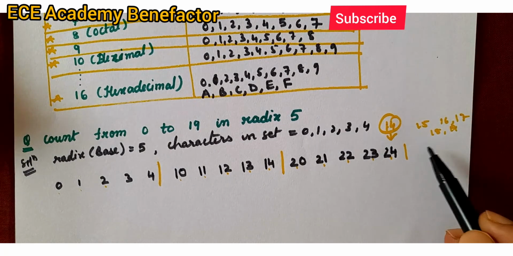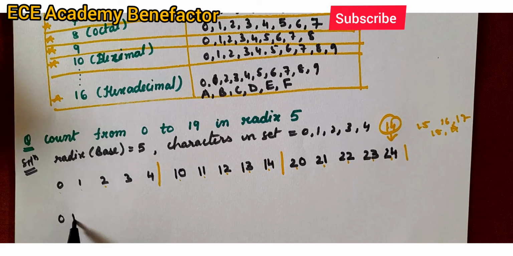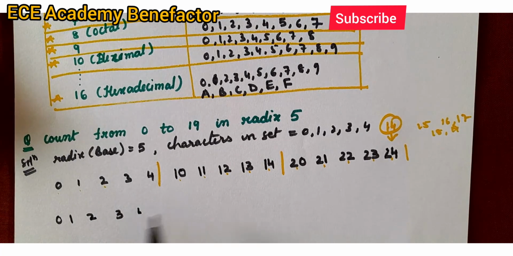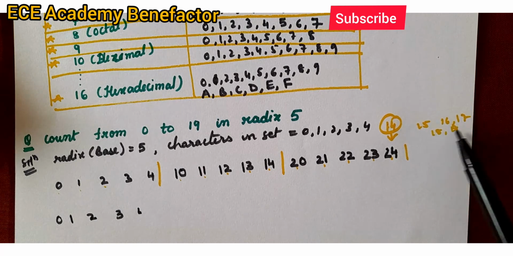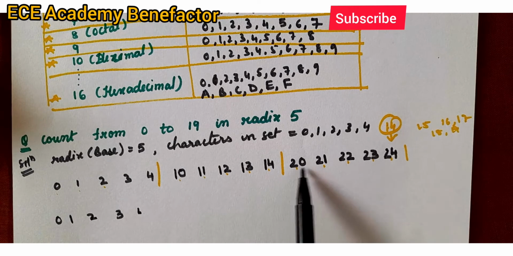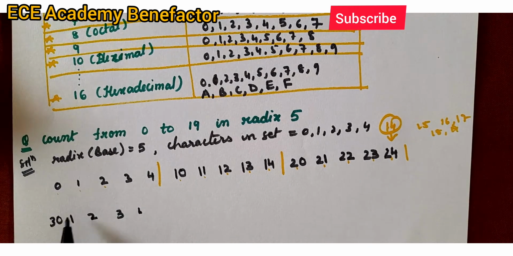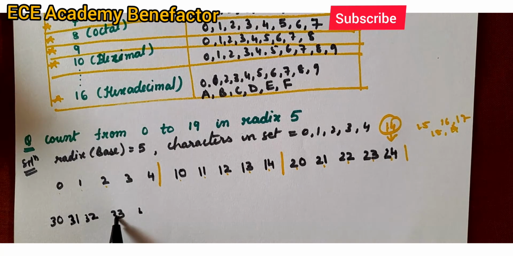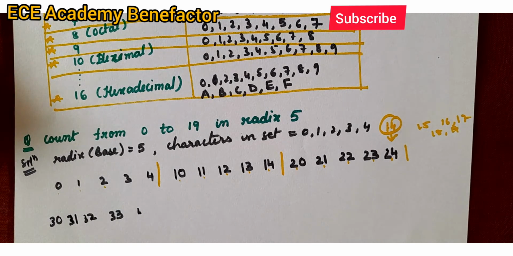So we will write 0, 1, 2, 3, 4. How many numbers do we have to take? 1, 2, 3, 4. This is enough. Now the new series will be 3: 3 0, 3 1, 3 2, 3 3. So this is how we write from 0 to 19.